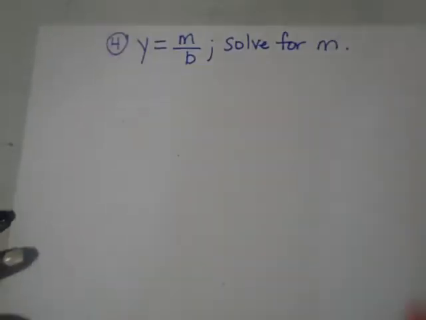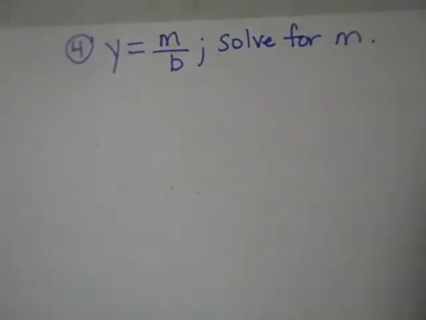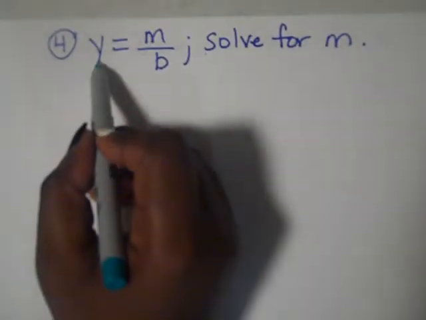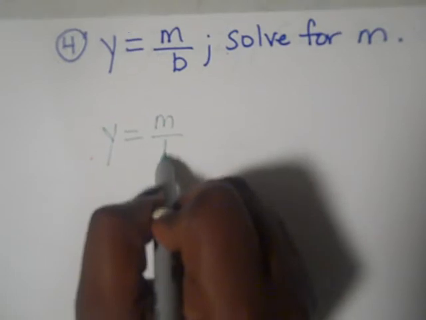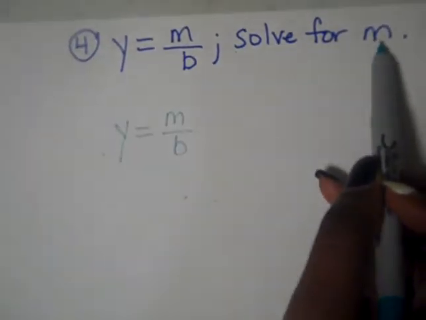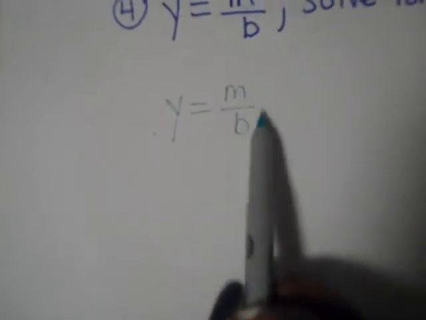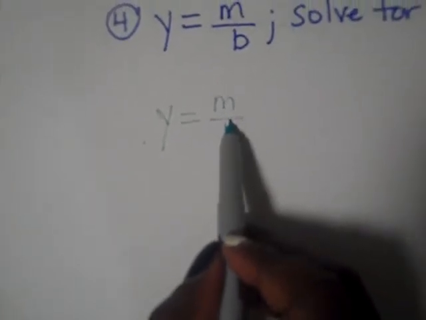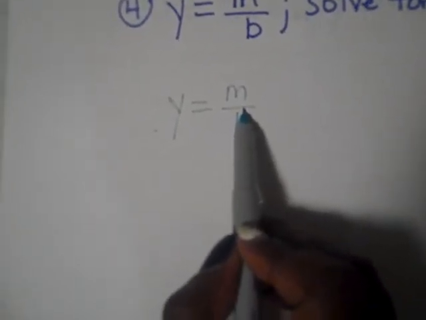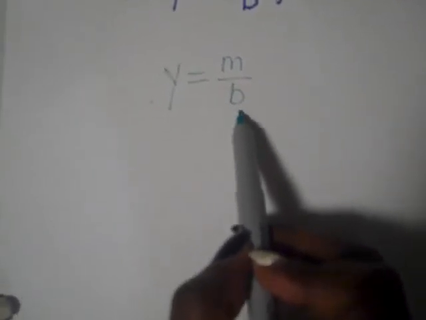Moving right along to problem number 4, quattro. Y equals M divided by B, and we're solving for M. Since we are dividing in this problem, we must get rid of that dividing sign. In order to get rid of the dividing sign, we will multiply the left and the right by the denominator.